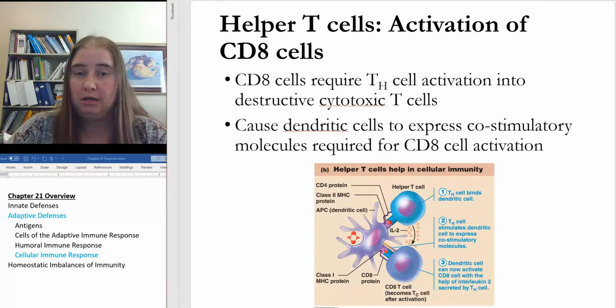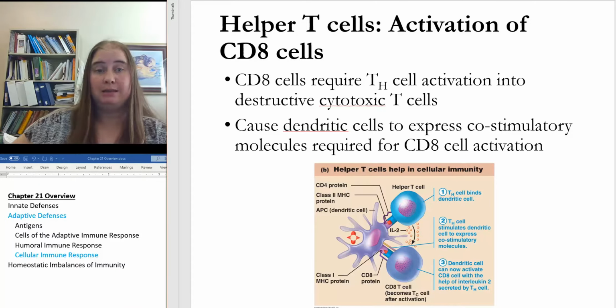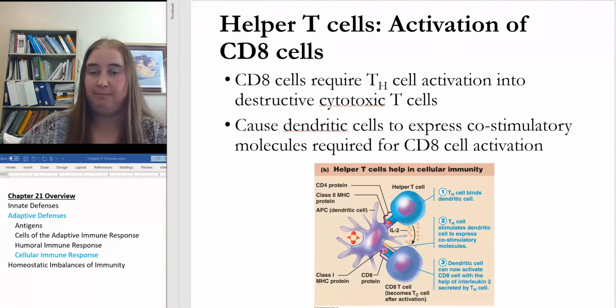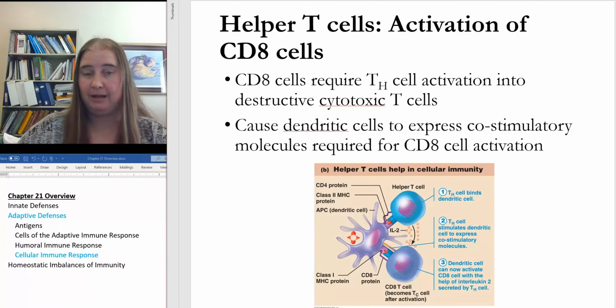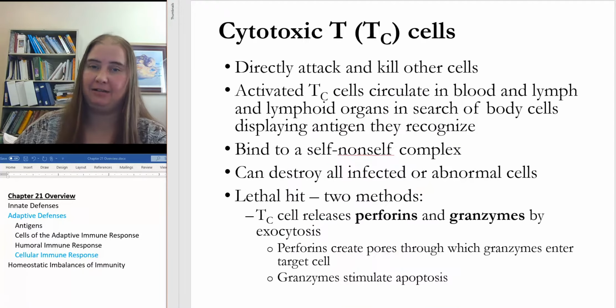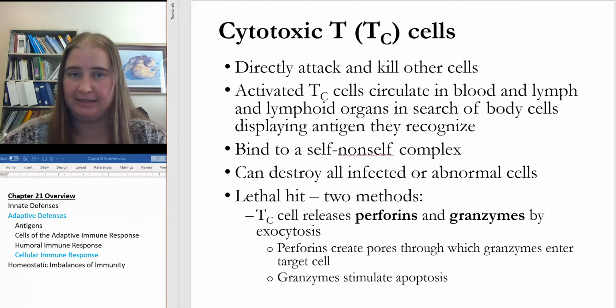So even though our T helper cell has a co-stimulator that activates it, that's not available to the CD8 until the T helper cell becomes activated. So once our T helper cell becomes activated, this sends chemicals down to our CD8 cell. Our CD8 cell now has a co-stimulator that it can bind to, and that co-stimulation in combination with the antigen binding activates our CD8 cell into a T cytotoxic cell.